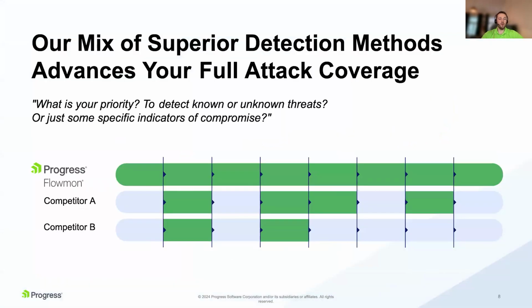Before deploying an NDR solution, you might want to ask yourself questions like, what's your priority? Do you want to detect only known or unknown threats or just some specific indicators of compromise? With Flowmon, you have superior detection methods and you're capable to cover the full attack scope, anomalies from the discovery phase, credential access, all the way through lateral movement, exploitation, exfiltration, and impact.